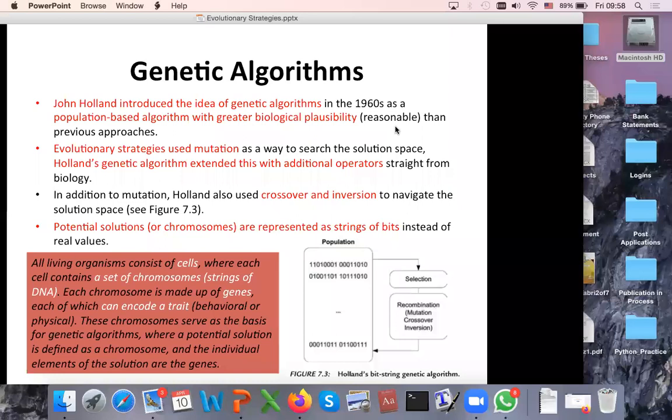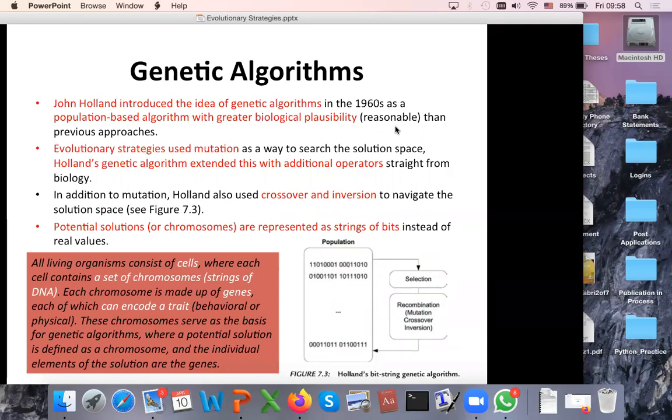He used most of his terms and explanations from the field of biology. So initially, this algorithm is for biology and not for other fields.